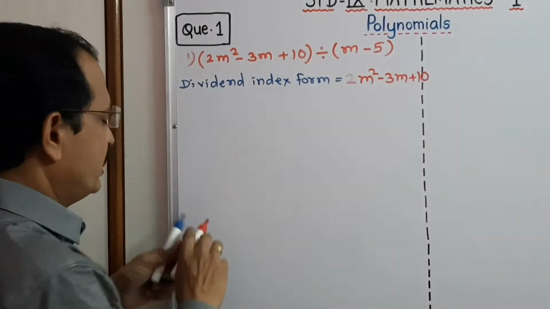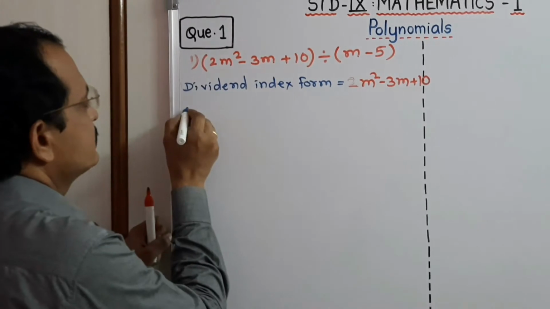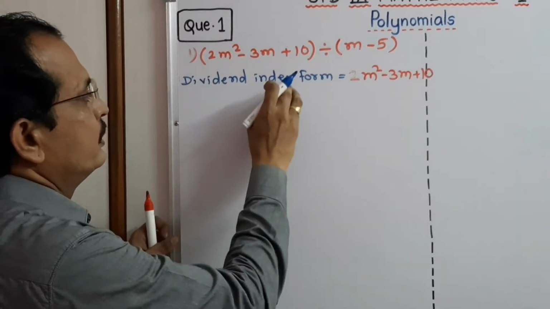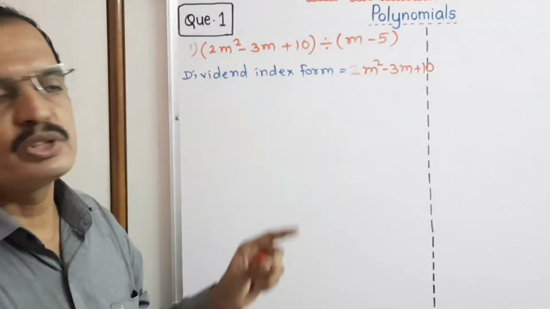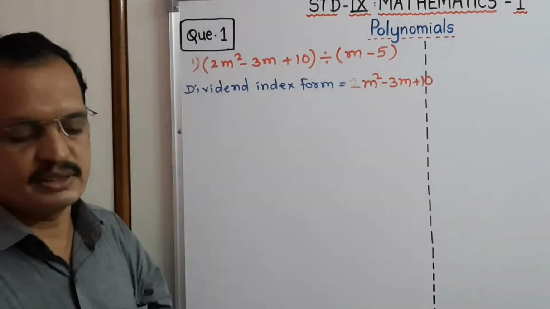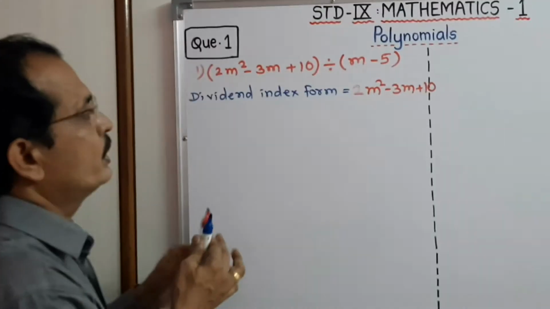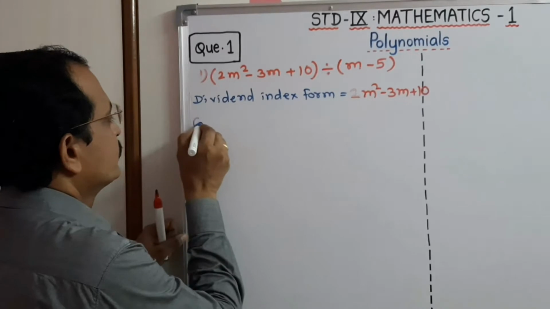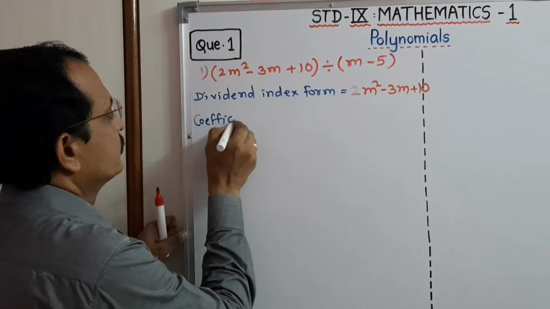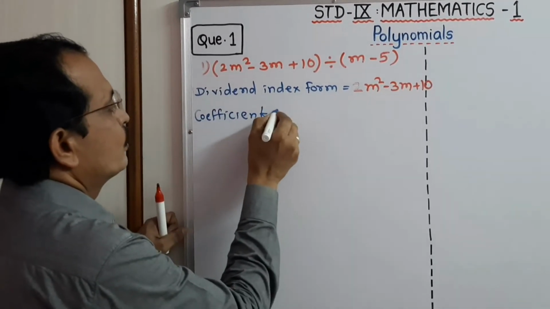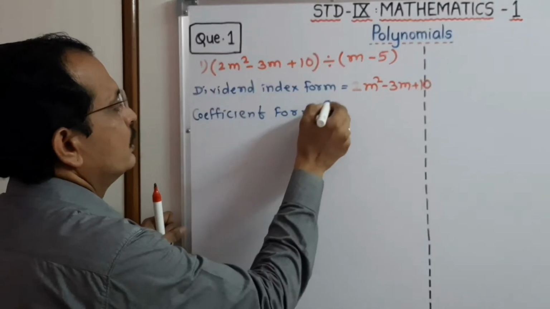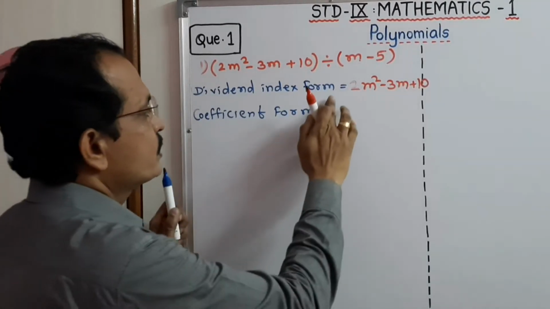Now see here, divisor. What is the divisor? Before that, one more thing, we have to use the coefficient form of this. Therefore, second we have to write the coefficient form. Now we have to write the coefficient form.